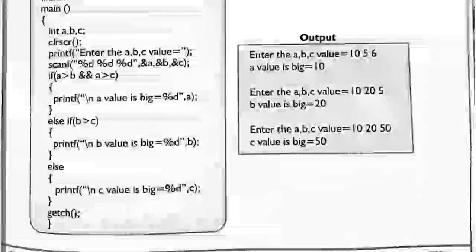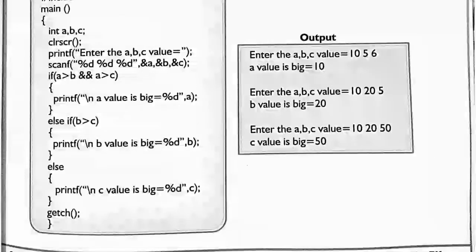Three inputs for three variables have been received from the user, and they are stored in a, b, c.